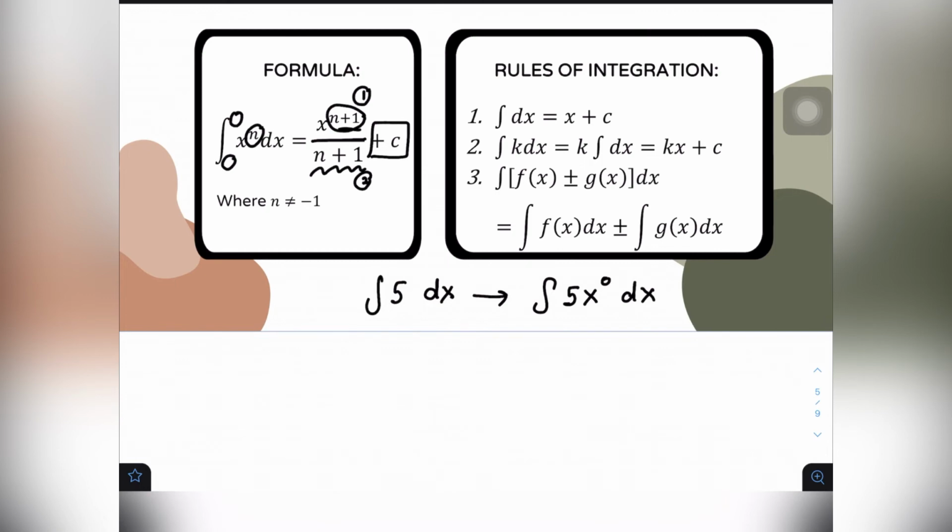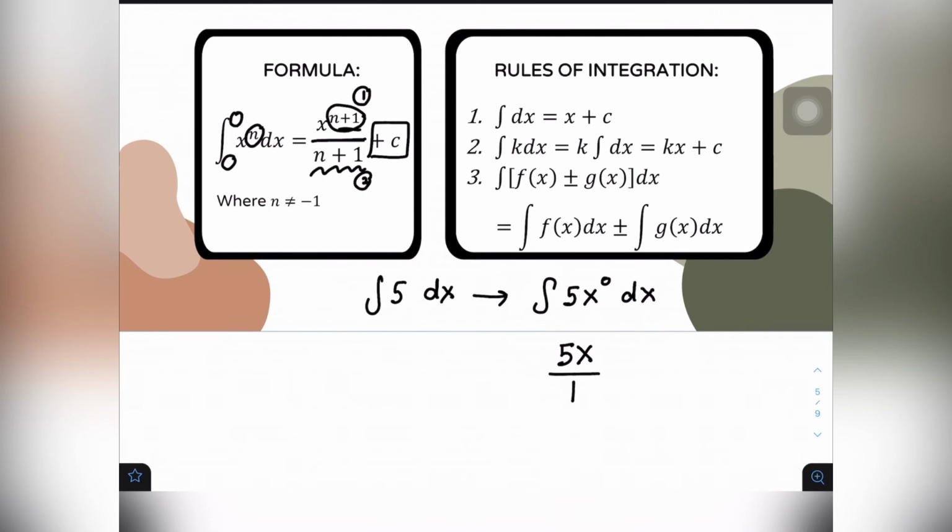So you will do the 2-step technique of integration. The first one is that you need to plus 1 to the power. Okay, so now your power is 0. If you plus 1, it will become x to the power of 1. We do not write 1. We just write 5x. And then the second step, you need to divide by the new power. The new power is 1.